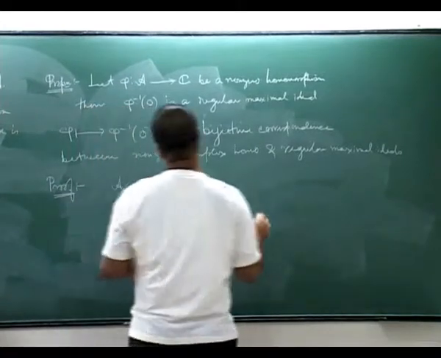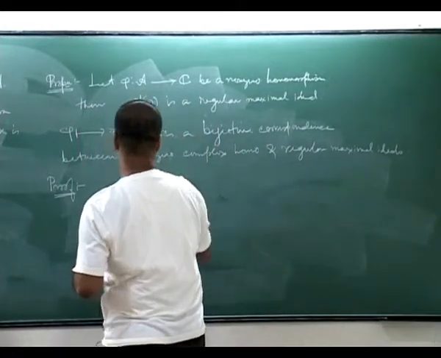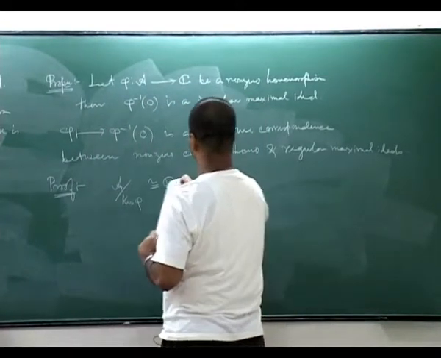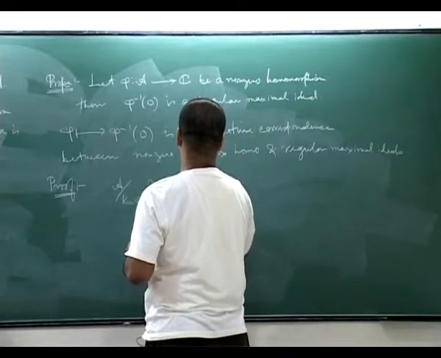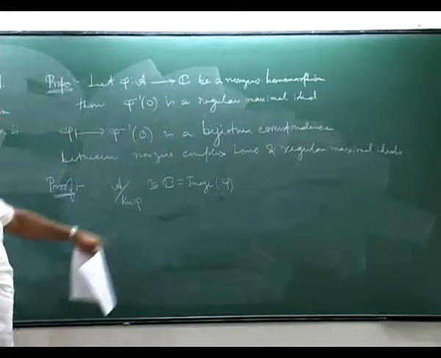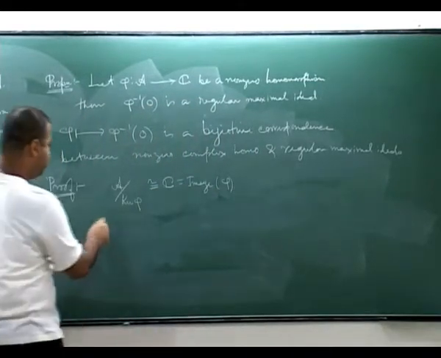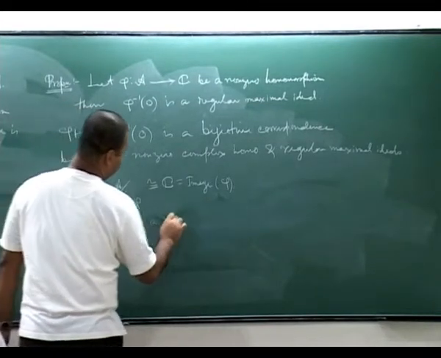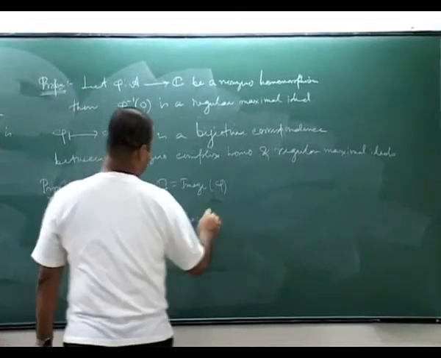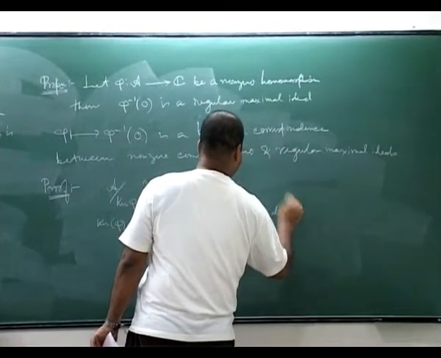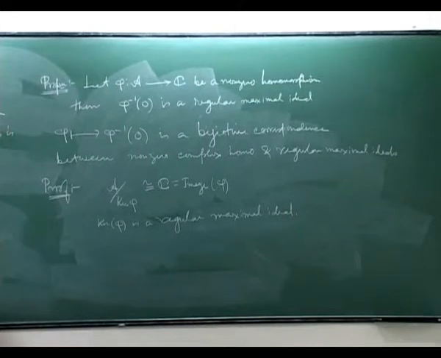As phi is non-zero and it is a complex homomorphism, this is isomorphic with C, which is the image of phi, and this object is a field and it is of course unital, so that says kernel phi is a regular maximal ideal. And so you need to prove that this correspondence is bijective.